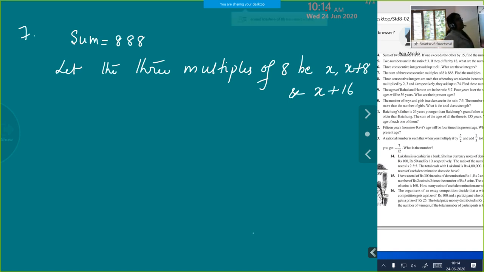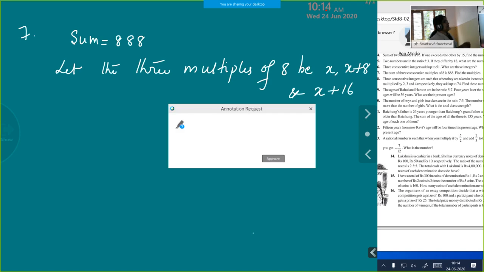Add 8 to each number. Okay, if the first number is a multiple, say I start with 16, the next multiple of 8 will be 16 plus 8, 24, then 24 plus 8, 32. It goes on like that. Here I took the first number as x. So the second multiple will be x plus 8 and the third multiple will be x plus 16.